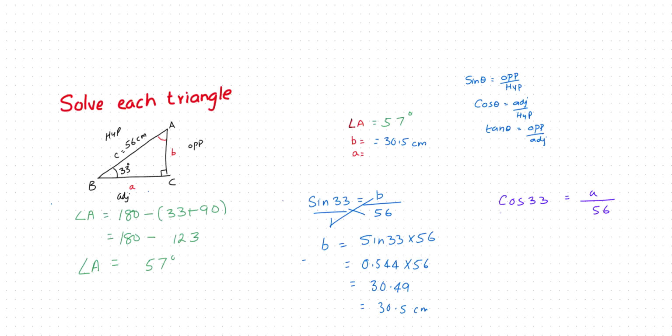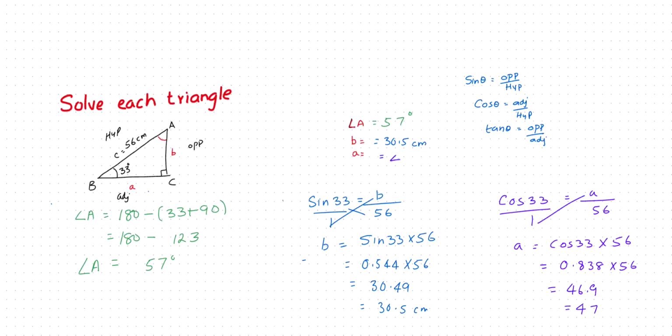So A equals cos 33 times 56. The cos 33 value with the calculator you can find is 0.838, times 56. It comes to 46.9 and round it to 47. So side A is 47 centimeters.